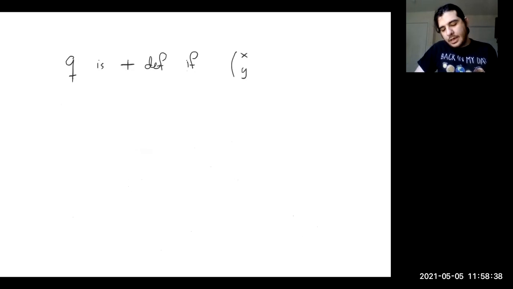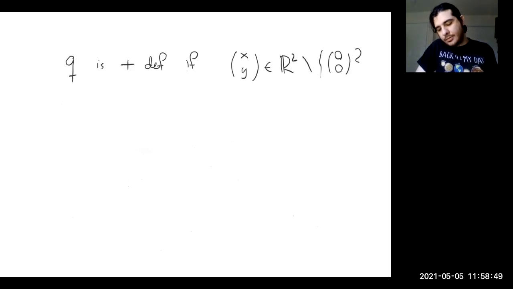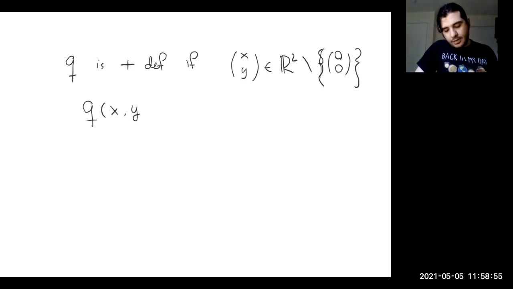Q is positive definite if for any vector (x, y) in R2 where this vector is non-zero, which is not the vector (0, 0), then Q of x and y would be positive.